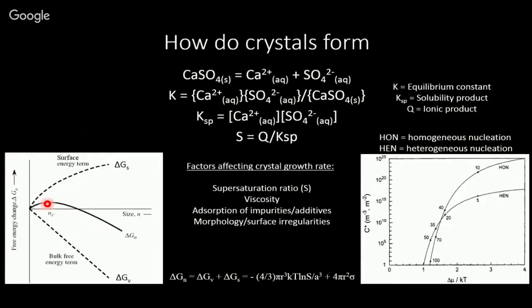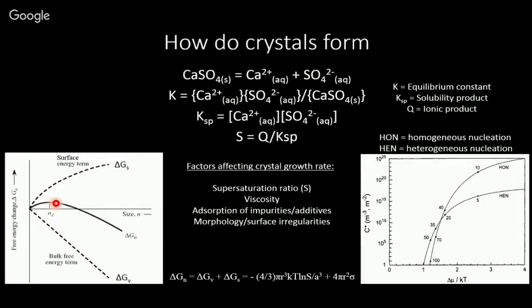It has to go into the negative range in order for the process to become spontaneous. And this NC that you see here is the critical size of the nucleus. So everything below the size here, NC, means that these little embryonic crystals are forming in the solution, but they're also dissipating. And they're forming and dissipating, all until they form the size that is larger than this critical size.